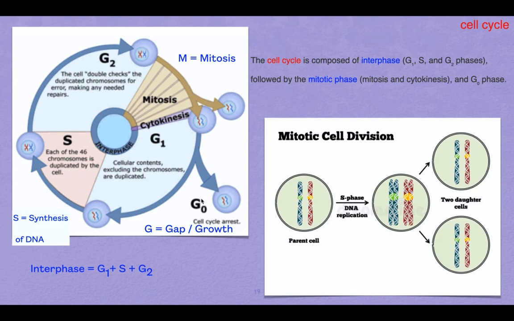Cells rest only when they are in the G0 phase, that is their resting phase. But G1, S or G2, that is interphase, that means this is between one mitosis and another mitosis. So it is an active stage of the cell, not resting.